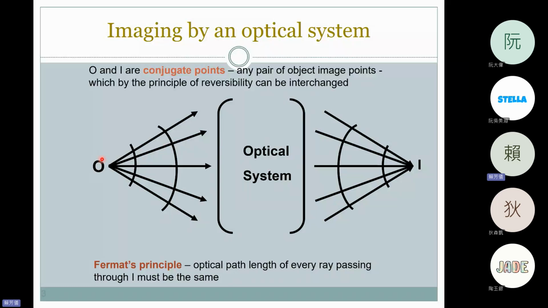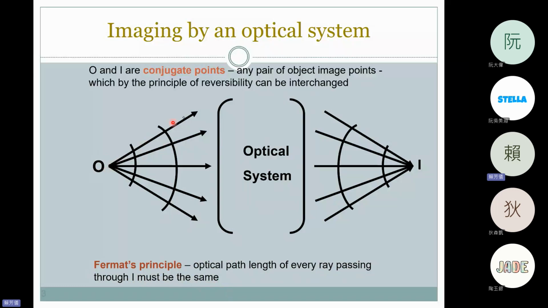We also use Fermat's principle to help us know what kind of optical system will form a perfect image. Fermat's principle tells us the optical path length of every ray passing through must be the same.